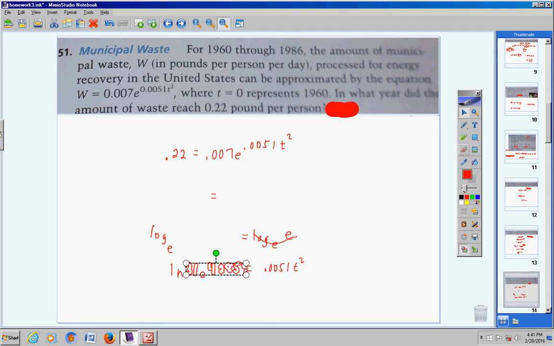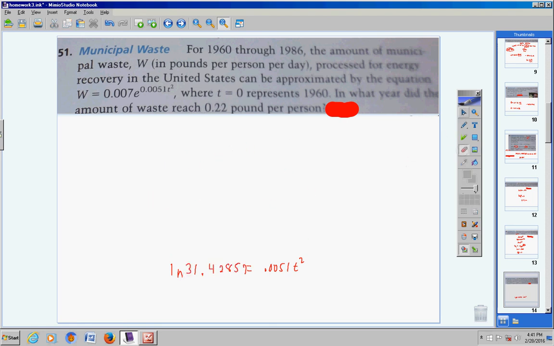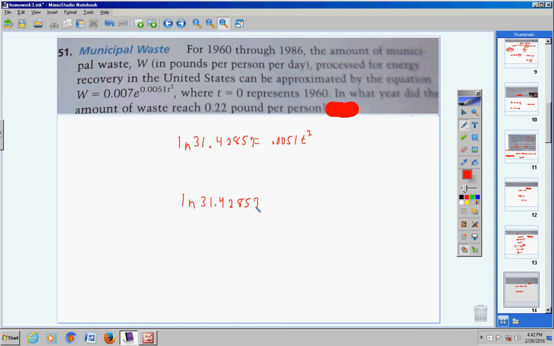Now obviously, I'm going to have to divide both sides by 0.0051 to get t squared by itself. So the natural logarithm of 31.42857 divided by 0.0051 equals t squared.